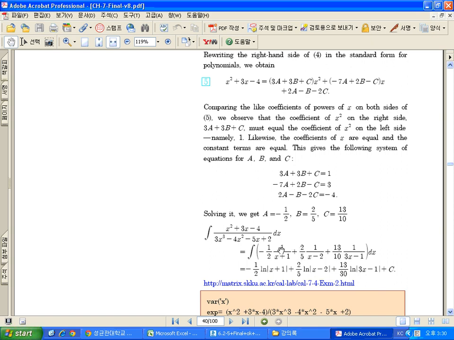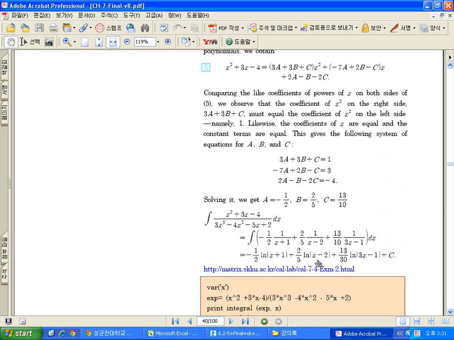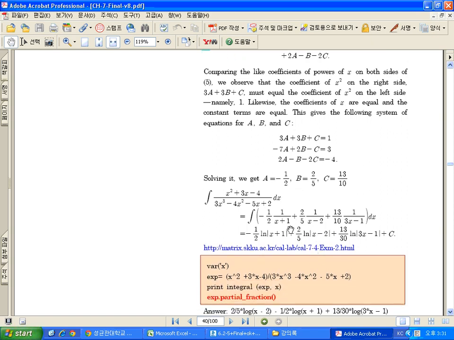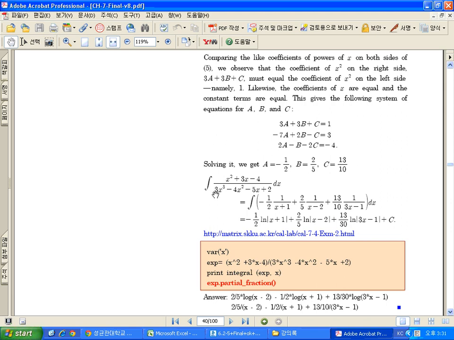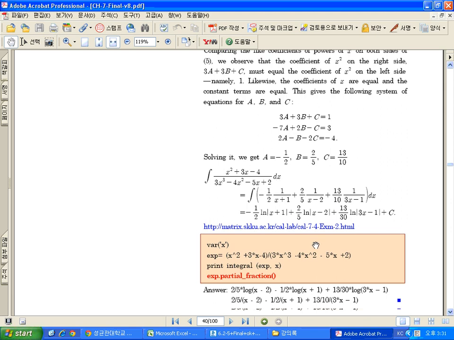As you see, the antiderivative of the first term is a log function, and the second one also, and the third one also. So you can easily have the indefinite integral of these rational functions.